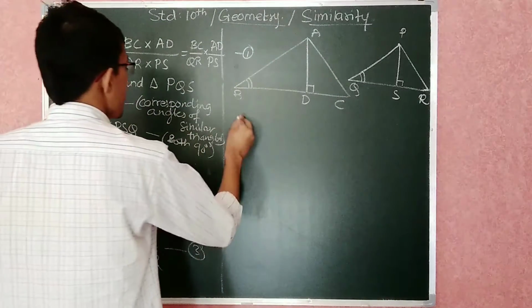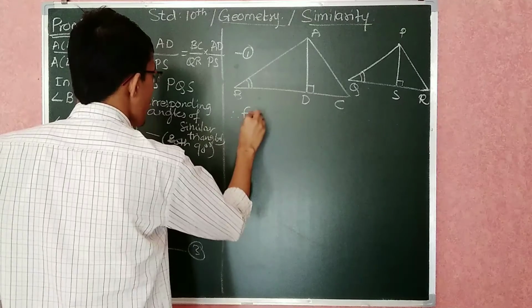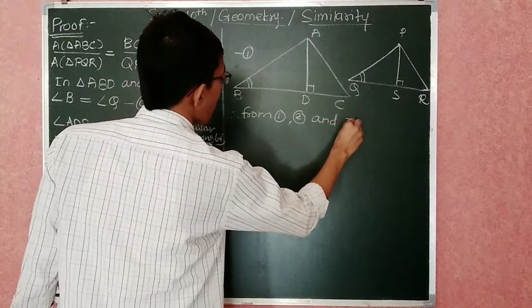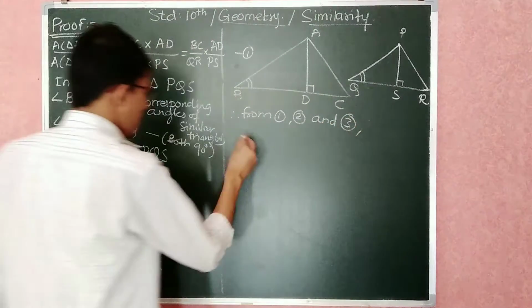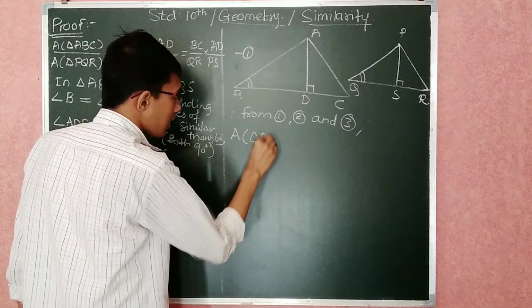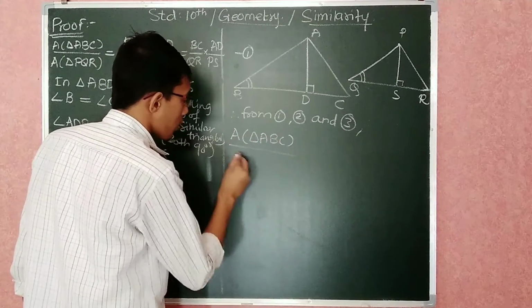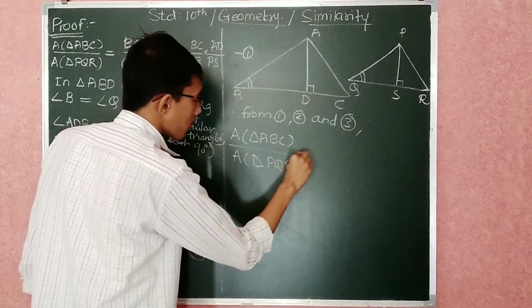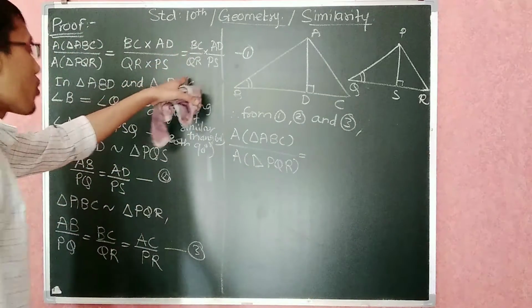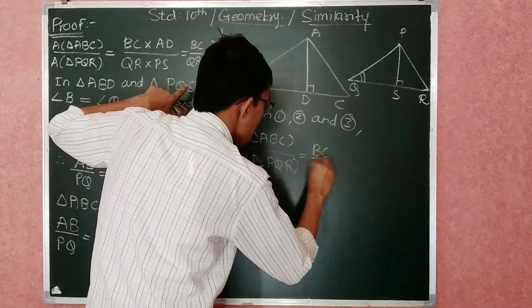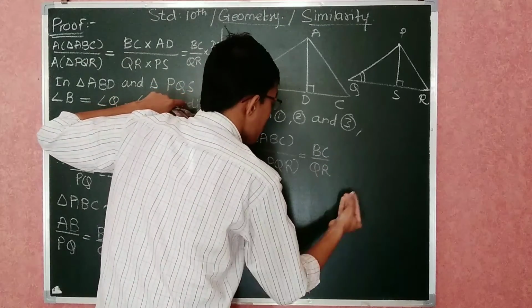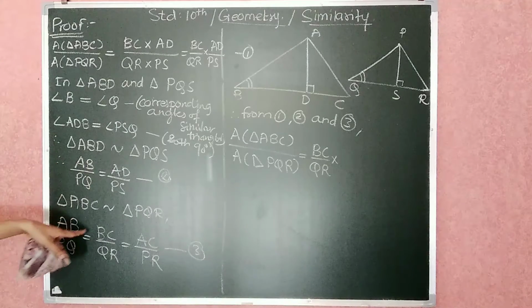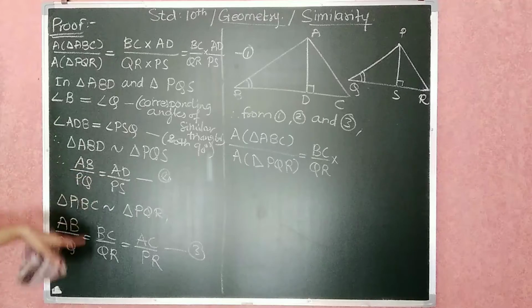So I can write, therefore from 1, 2 and 3, area of triangle ABC upon area of triangle PQR is equals to BC upon QR, as it is, I will write BC upon QR. From 2 and 3 I am getting that AD upon PS is nothing but BC upon QR.